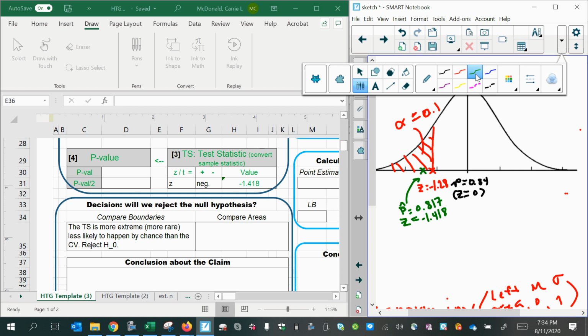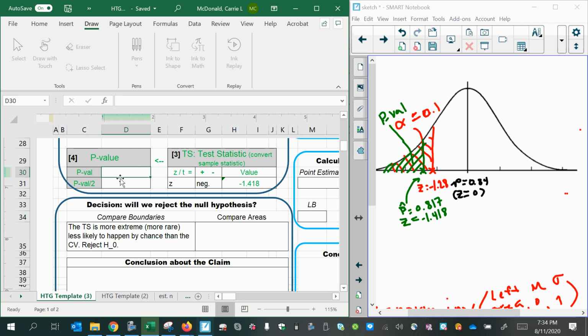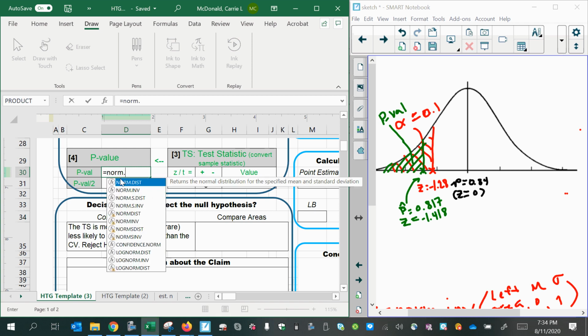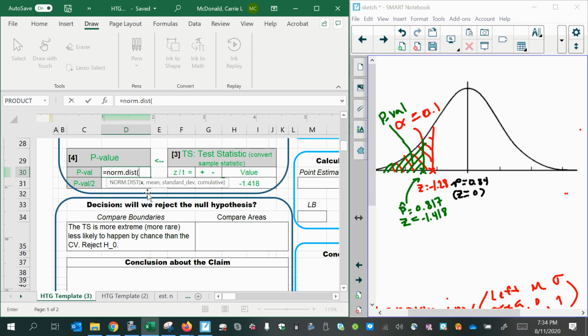Now we can also draw a line up from the sample statistic z-score, the test statistic, and do an area to that side from that boundary, and that would be our p-value. So let's find out what that area is. The p-value is found using norm.dist, and we want to give it the boundary, which is our test statistic, the mean of 0 and the standard deviation of 1, as always for z-scores, and 1 for cumulative.